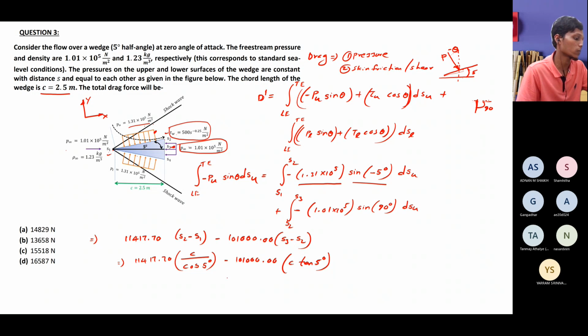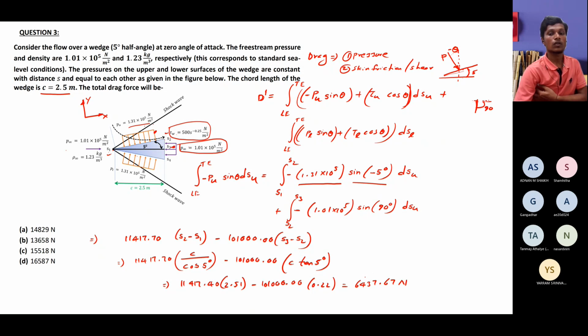This is simple trigonometry that you can apply. And now you have c equals 2.5 meters. Then just directly substitute the c value, and you will get 6437.67 newtons.